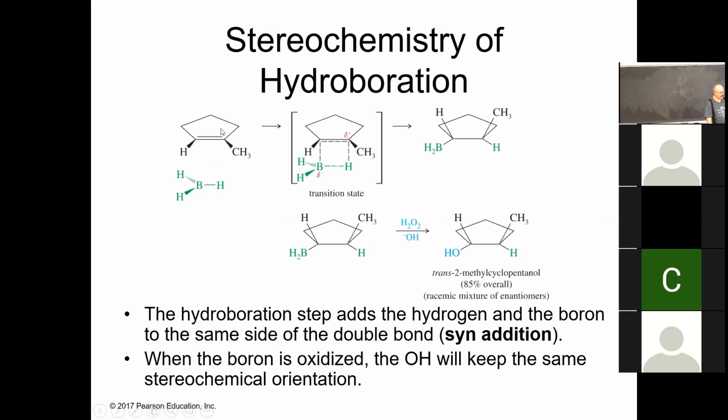H goes to the side with the fewer hydrogens. OH goes to the other side, so we get the anti-Markovnikov. So it is regioselective. It's also stereoselective in that H and OH are added syn to each other. They're added to the same side.